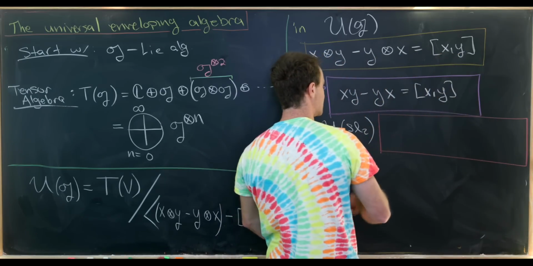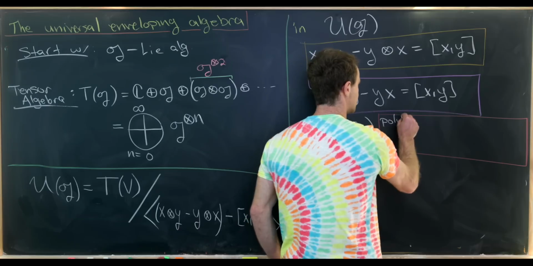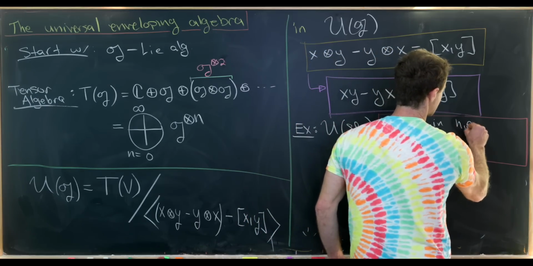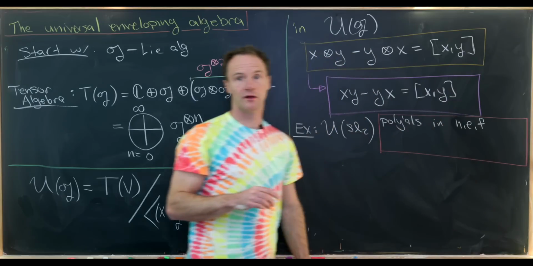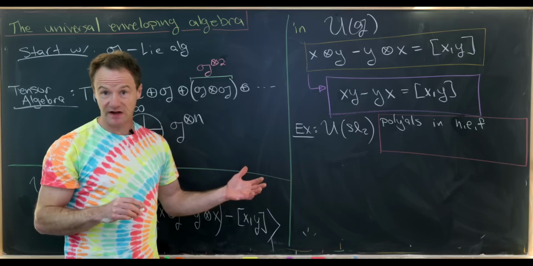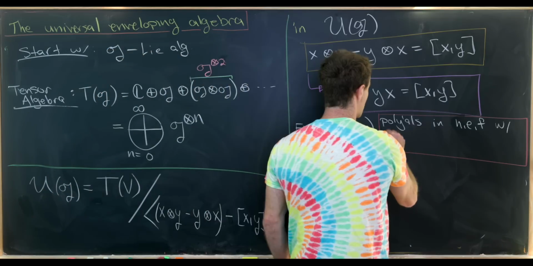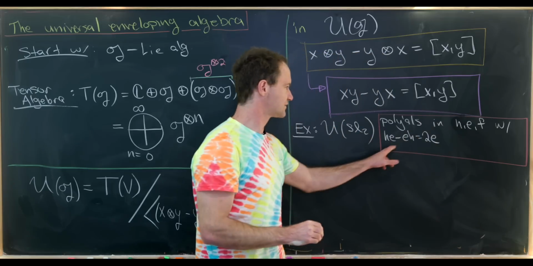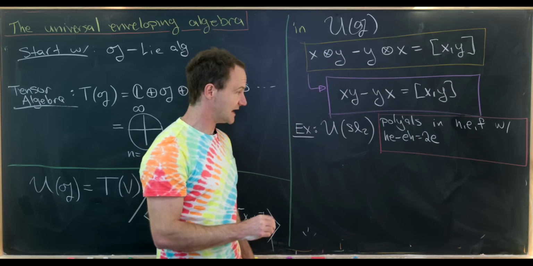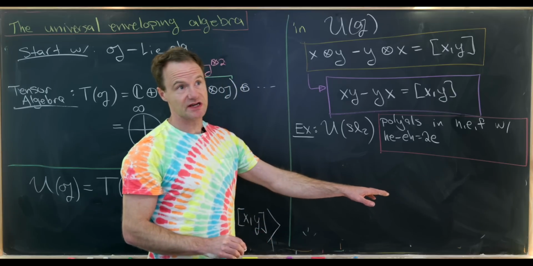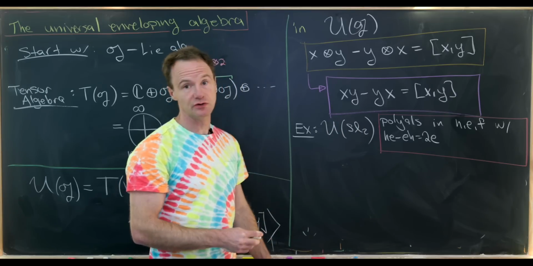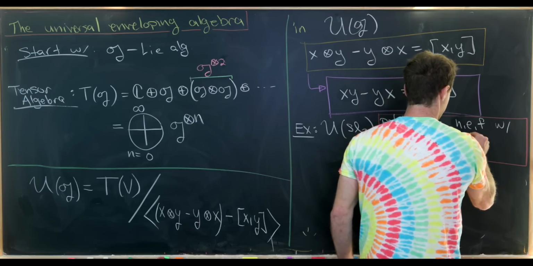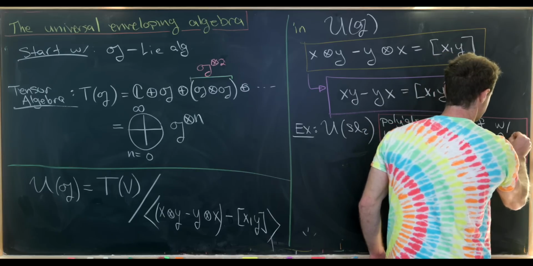So you can really think about this as polynomials in H, E, F, where recall that those were our basis vectors for SL2, with HE minus EH equals 2E, because remember that's supposed to equal bracket HE, but bracket HE in the Lie algebra was 2E from what we saw before. And then likewise, HF minus FH is equal to negative 2F.